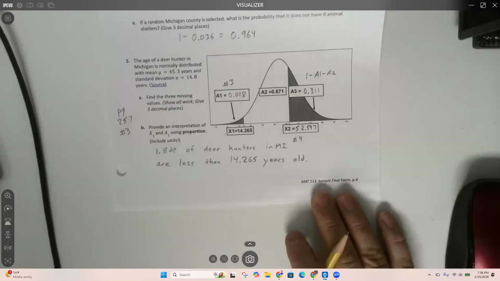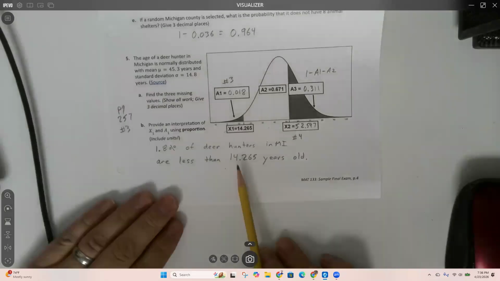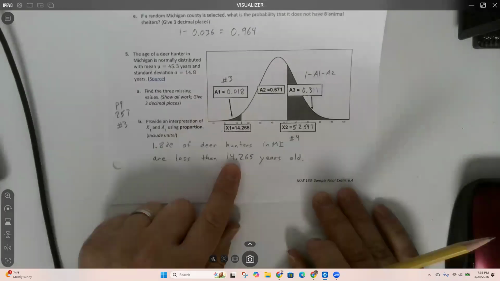What's the age for bow hunting? Because this doesn't say rifle. I know for rifle you have to be 14. So 1.8% of deer hunters in Michigan are a little less than 14, in a couple months.